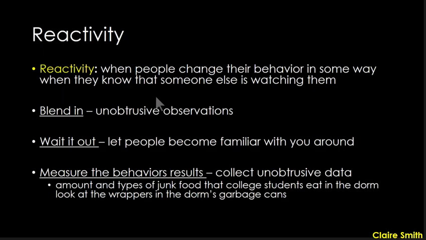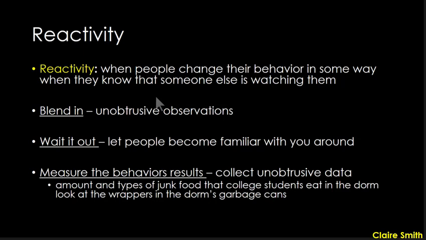Another thing we need to make sure we are not doing is having reactivity. So reactivity is when people change behavior in some way because they know they're being watched. So for example, if you're at the hockey game with the clipboard writing down people's comments, maybe people are not going to say what they normally would say because there's people there watching them.